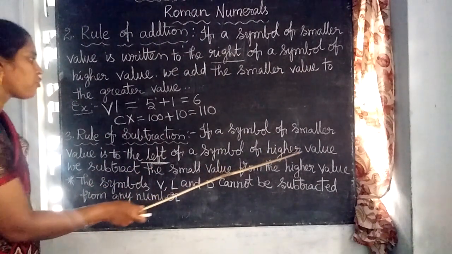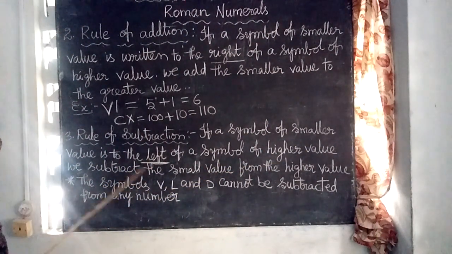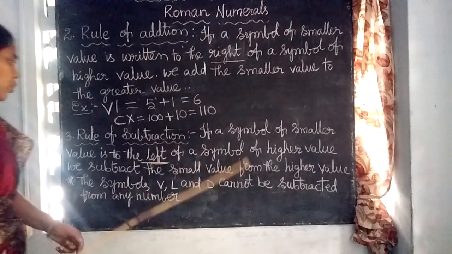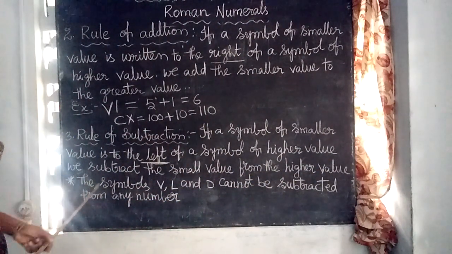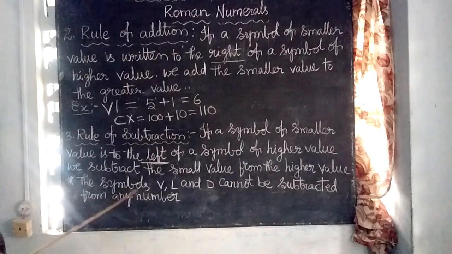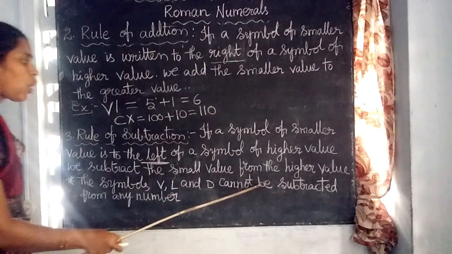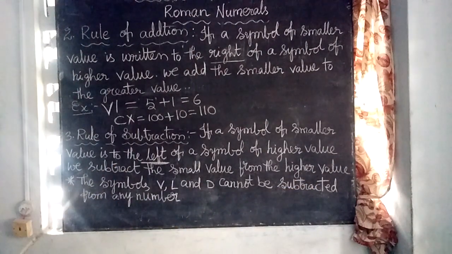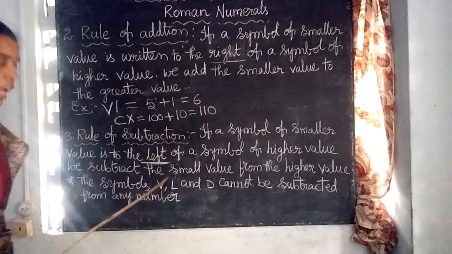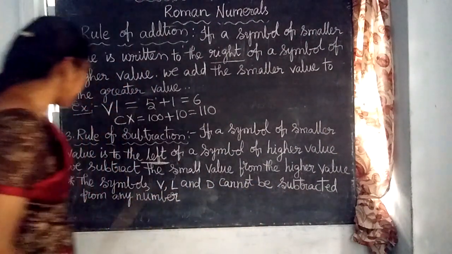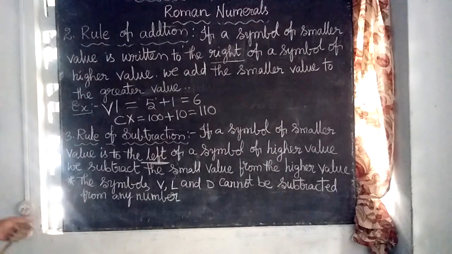Another important note: the symbols V, L and D cannot be subtracted from any number.